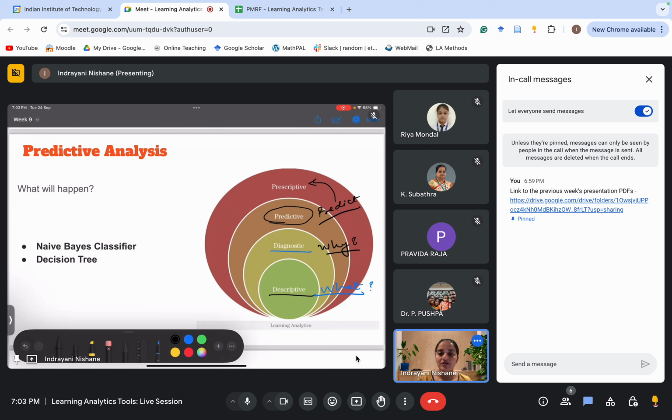That module can then take steps so that the at-risk student doesn't remain at risk forever or fail the exam. That's the whole purpose of predicting based on features.